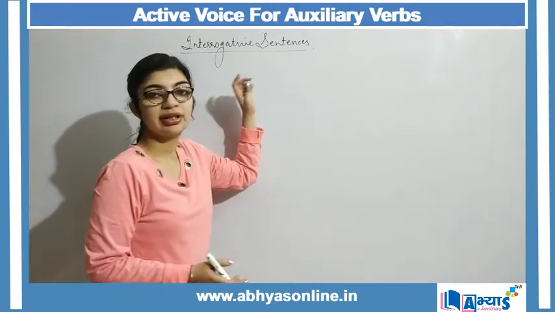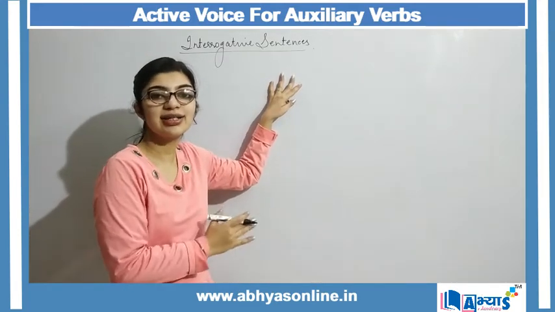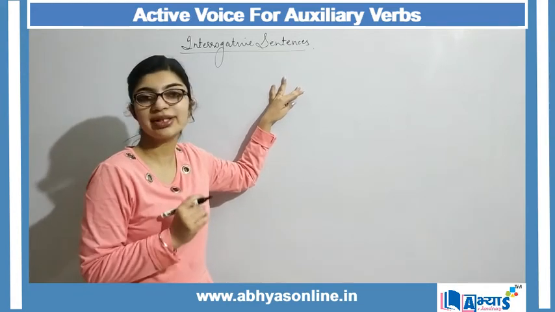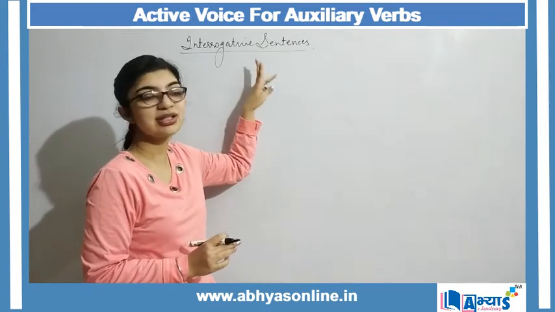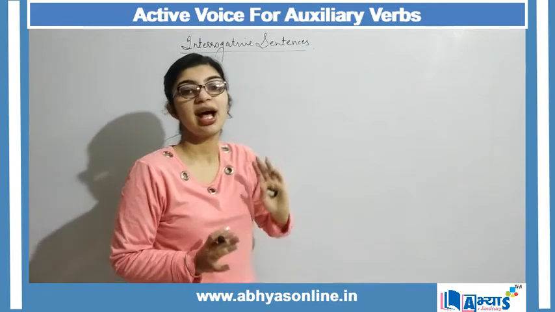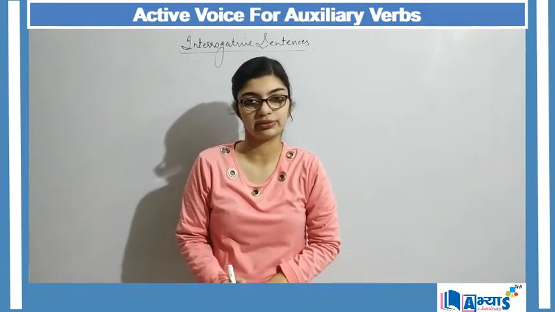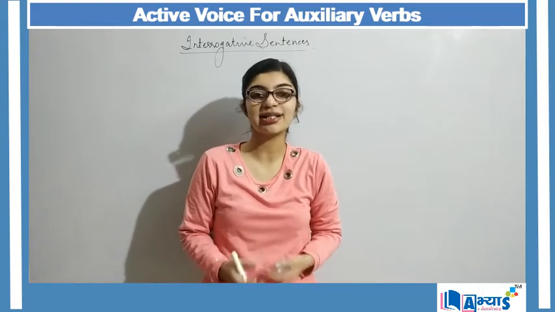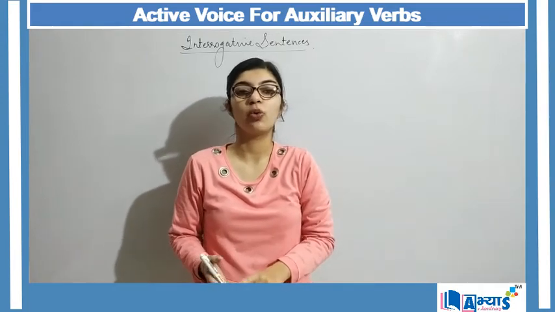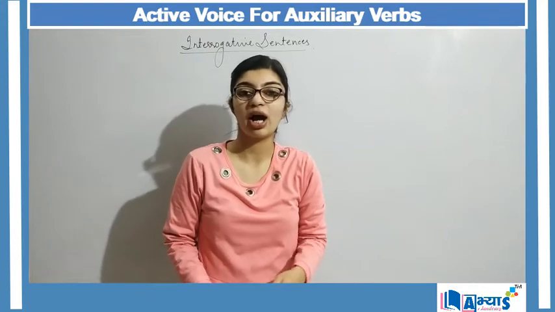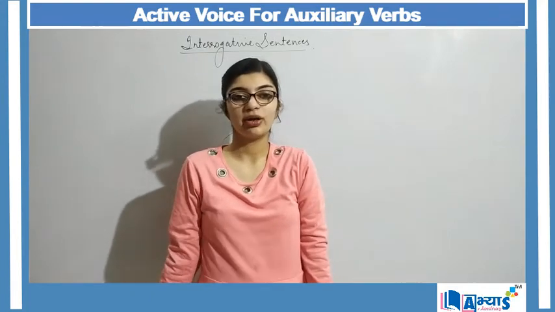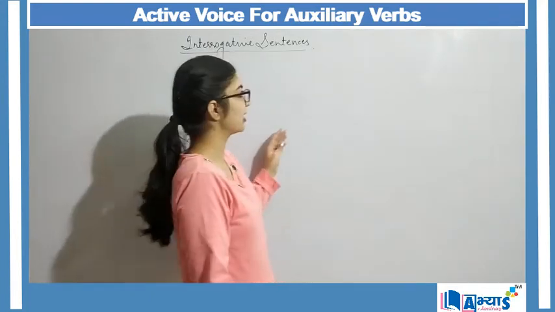As I earlier said, the sentence will begin with a subject, but in case of interrogative sentences, our sentence will always begin with an interrogative word. And interrogative words are who, which, when, where, how, why. All these are my interrogative words.